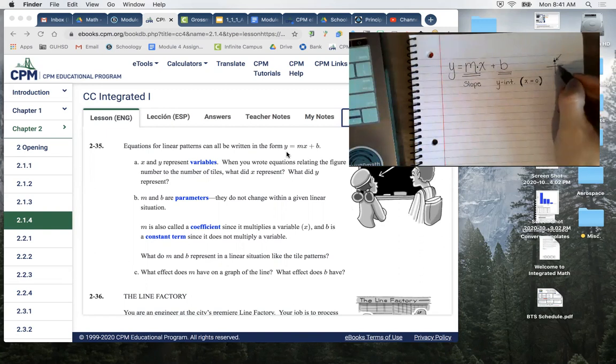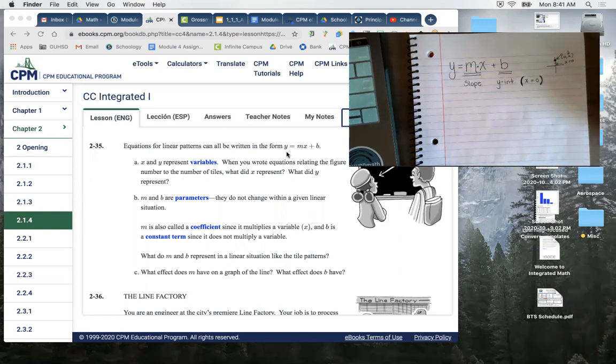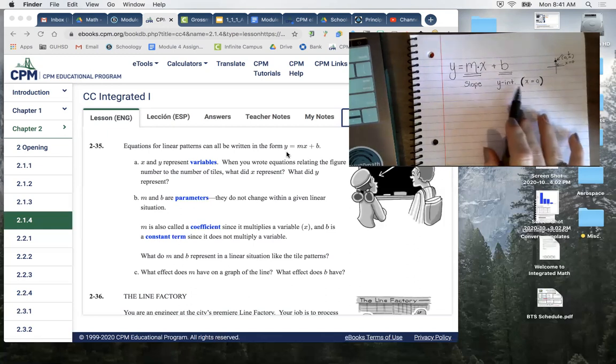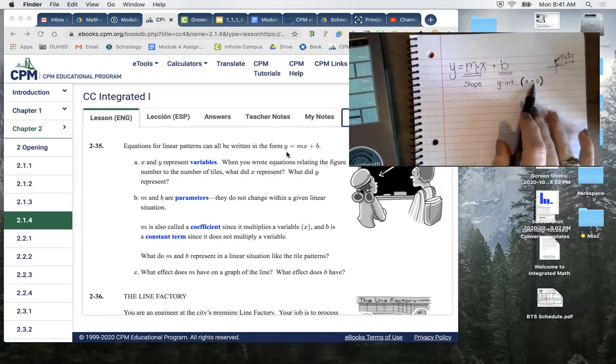Well, you always have to know that when you're talking about a y-intercept, that means that your x is equal to 0. So that point is going to be (0, 2). Okay, so that will be an important concept moving forward, understanding that when I talk about a y-intercept, it means when x is 0, because that's going to have context later on built into it.